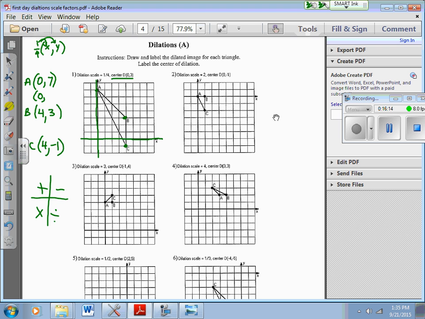And 1/4, and I'll do my side work here, 1/4 times 7. Now, does everybody understand that 7 is not written as a fraction? So what would be a good thing to put it? Put it over 1. The reason I want you to do this is because I want you to remember, adding and subtracting fractions, you have to get a common denominator, right? When you're multiplying fractions, or if this was a division of a fraction, I just change division to multiplication and flip the fraction to the right of it.